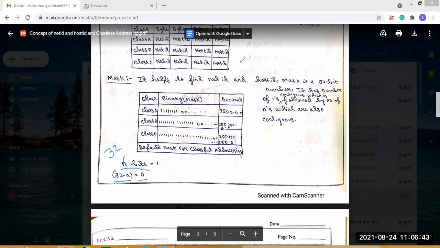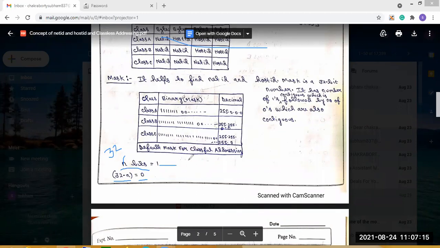This n is based on the net ID. For class A, byte 1 is the net ID. So the first byte is the net ID. One byte means 8 bits.